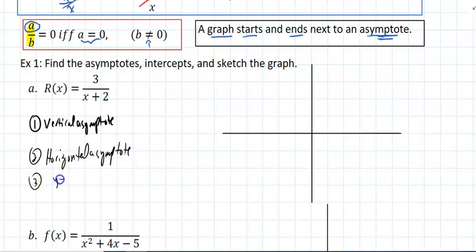Three, y-intercept. That's the easiest, because these are the graphs of functions. And 4, x-intercept, we set y equal to 0. And remember, when we set y equal to 0, a fraction equals 0 if the top equals 0.